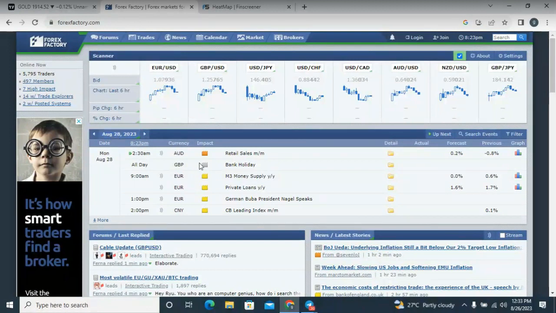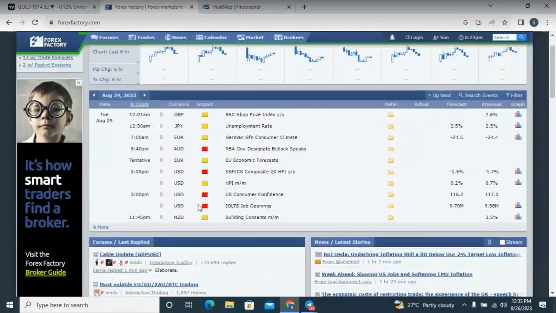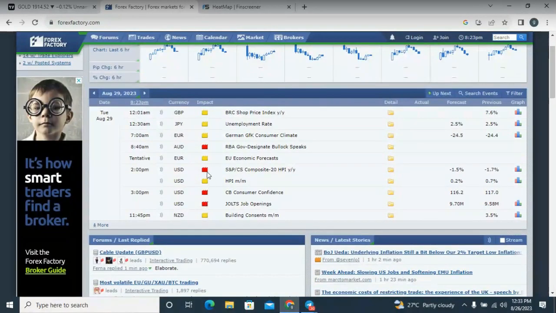On Monday, no US news. Let me check Tuesday. On Tuesday, we have 3 major news. So now I want to do the analysis for Tuesday, because on Tuesday I will get news.